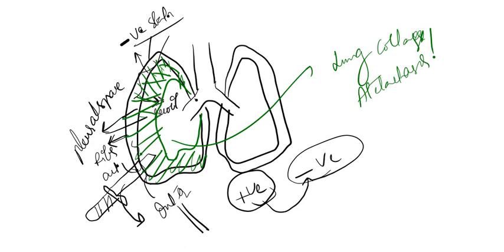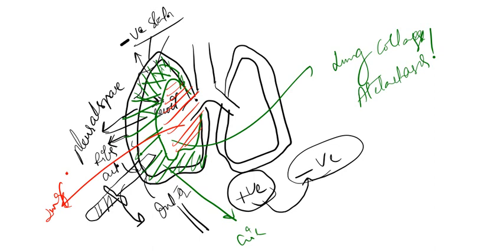Now this is all air. This small one I will draw with a red color, it is the lung. This is how you get this condition.